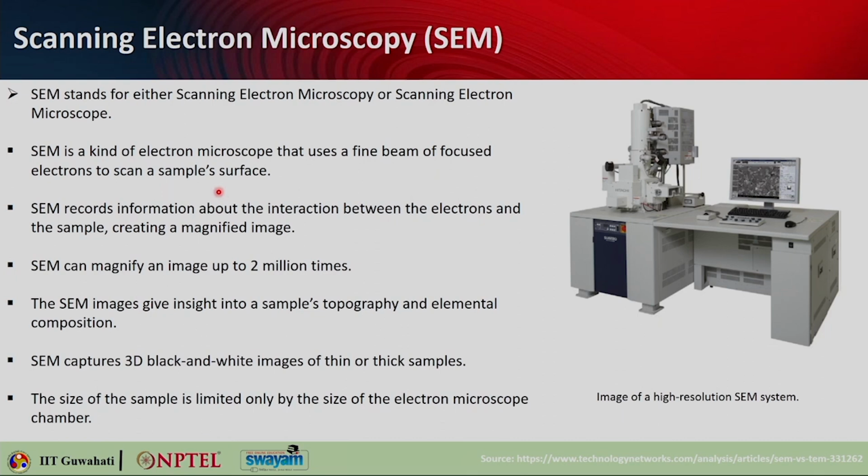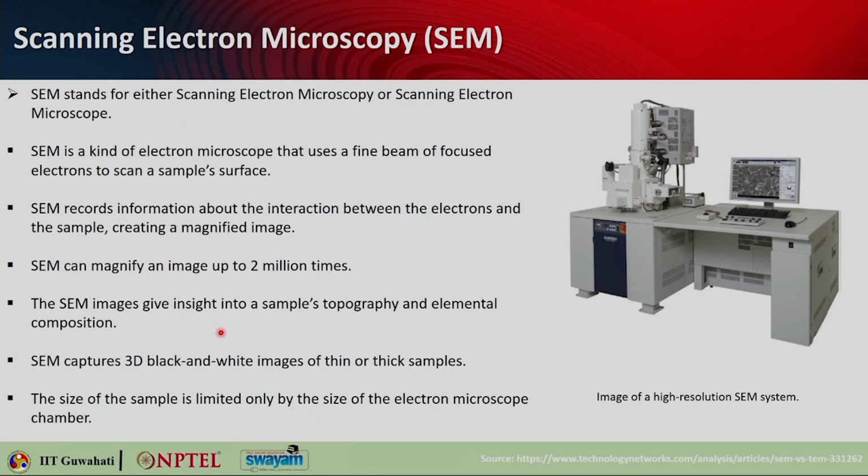What it does is record information about the interaction between the electrons and the sample, and thus it creates a magnified image. So, you can magnify an image up to 2 million times using SEM, and that is really good.